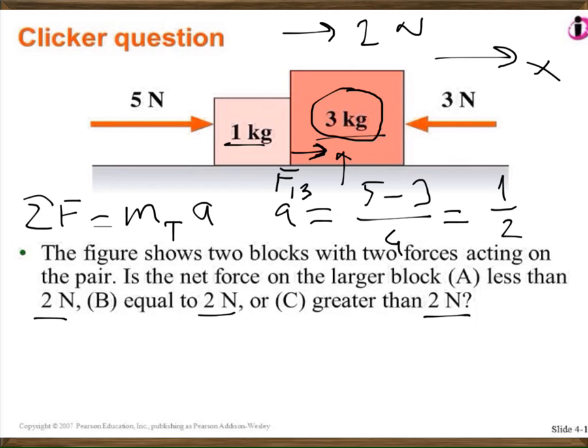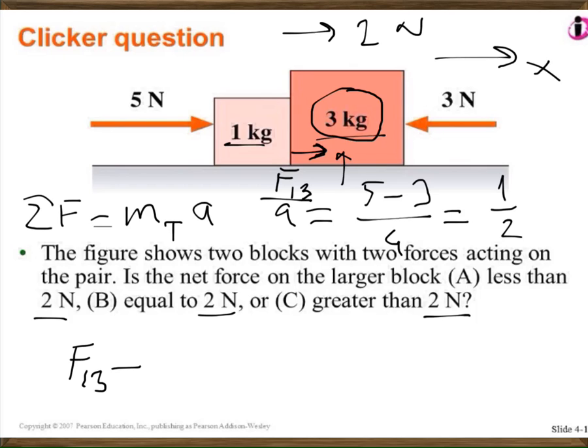And according to Newton's law, the total force on the 3 kilogram body must be equal to its mass times acceleration, right? And I don't know F13 yet. So the question is, find F13. Is it larger than 2, equal to 2, or less than 2?